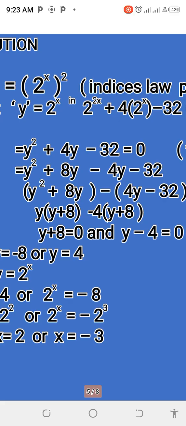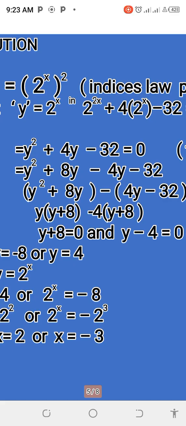Let us say 8 and 4. 8 times 4 will give us 32, and 8 minus 4 will give us 4. Yes, that one is close. But we have minus 32 and we have plus 4, which means one of these numbers will be a positive number and the other one will be a negative number. Let us say plus 8 minus 4.